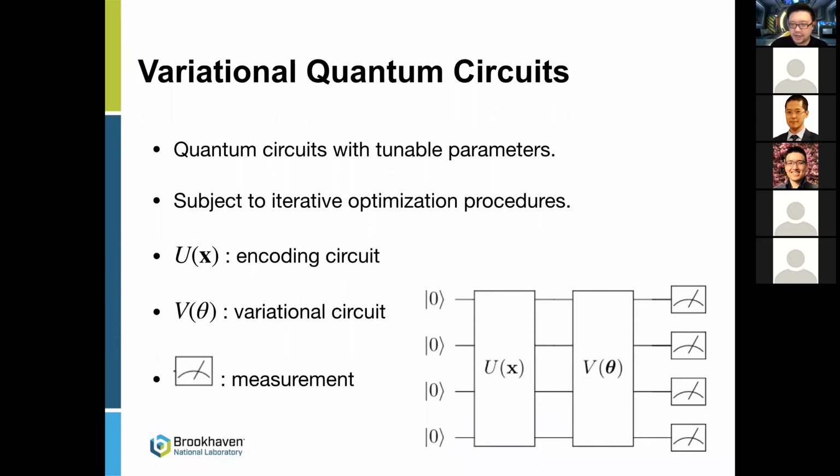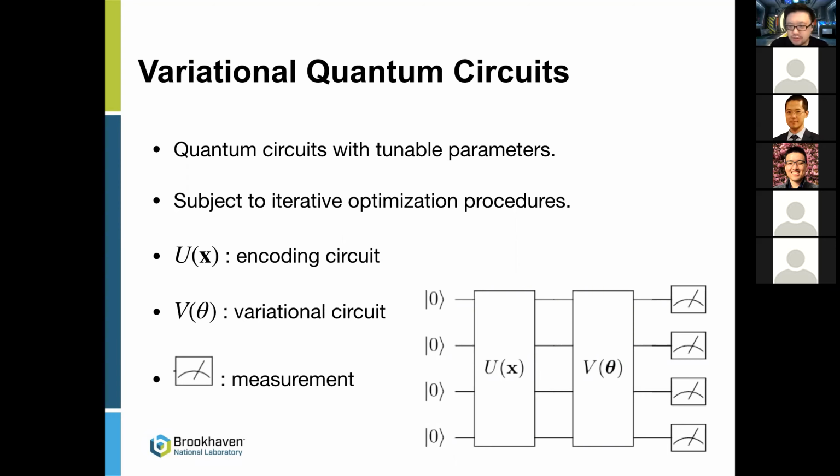Okay, so let's introduce the VQC block. The VQC, or variational quantum circuit, is a very special kind of quantum circuit with parameters tunable via iterative optimizations. These optimization procedures are mainly gradient-based or gradient-free methods.